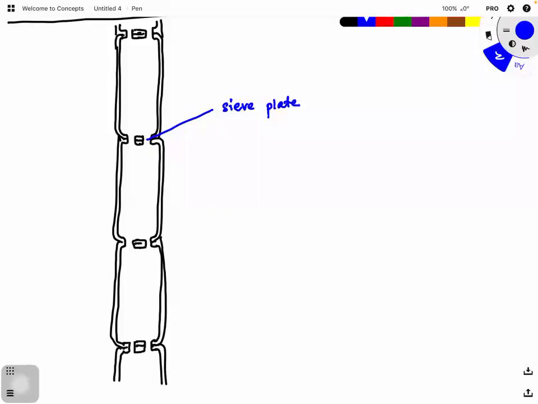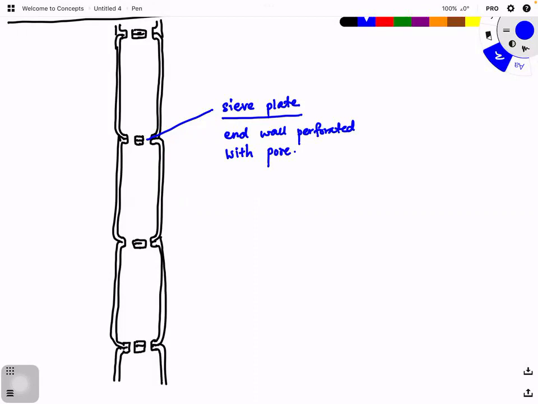So how do you find it? You will see this sieve plate. The sieve plate is the end wall perforated with quite large pores.